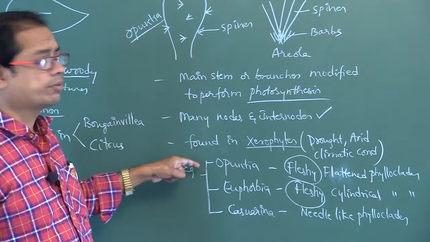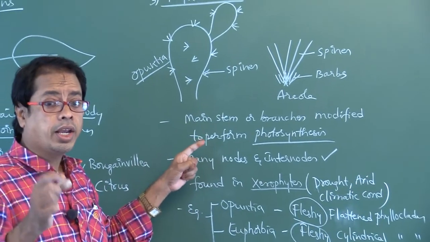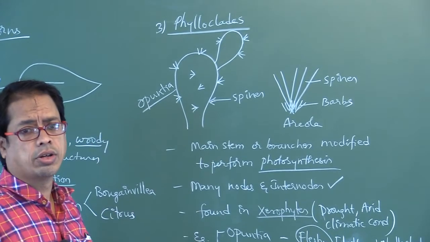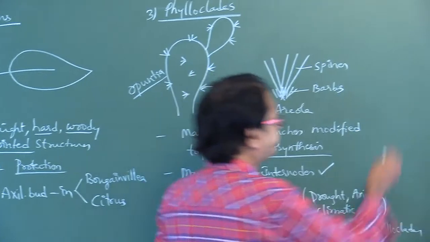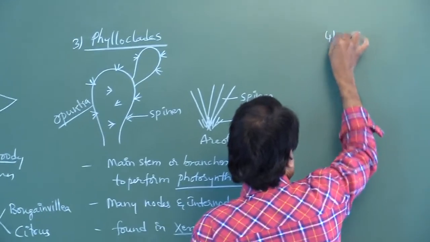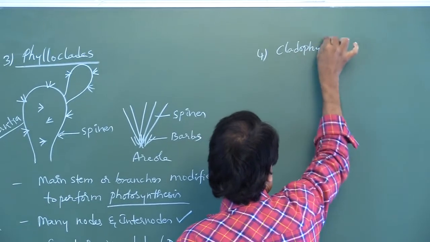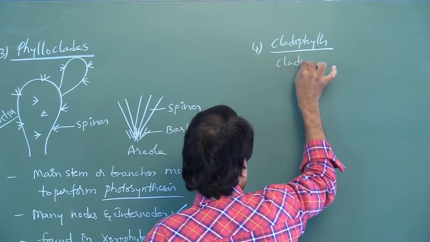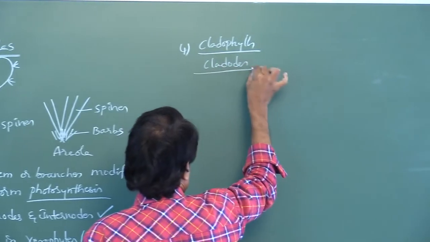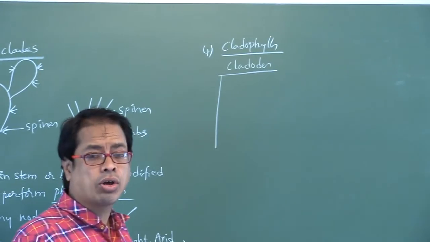So this is about phylloclade. How many nodes and internodes are present? Many nodes and internodes are present, performing the function of photosynthesis. Next one, that is cladophylls. Cladophylls, also called cladodes. Cladodes, also called cladophylls.